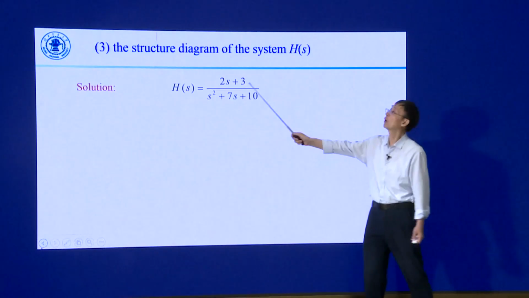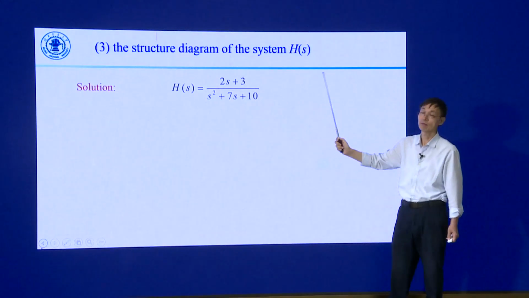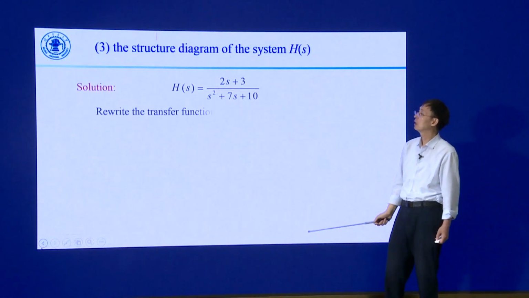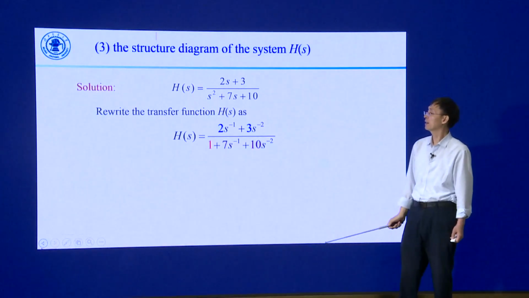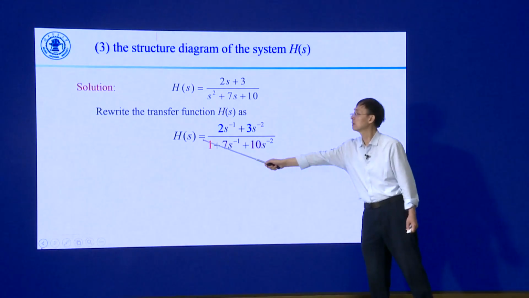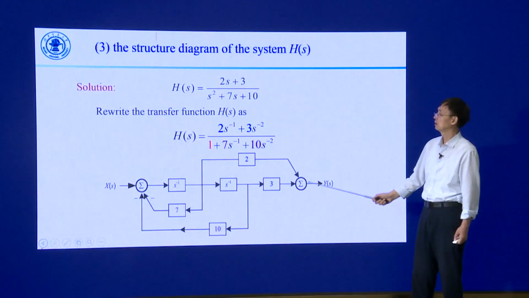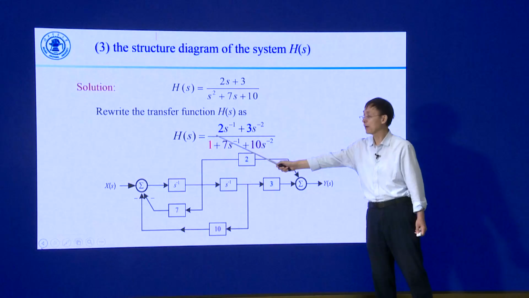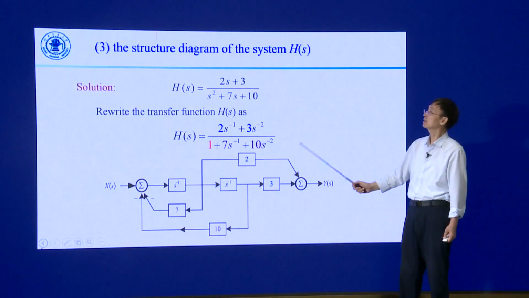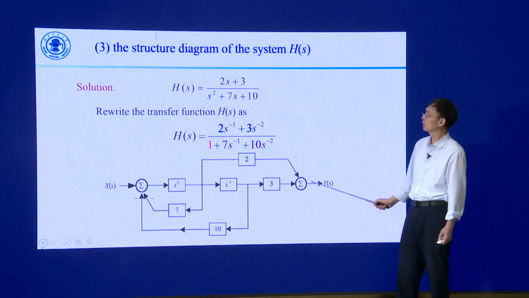Finally, we will discuss the structure diagram for this system. According to the system transfer function, we can get this equation. According to this H of S, we can get the structure diagram for this system.